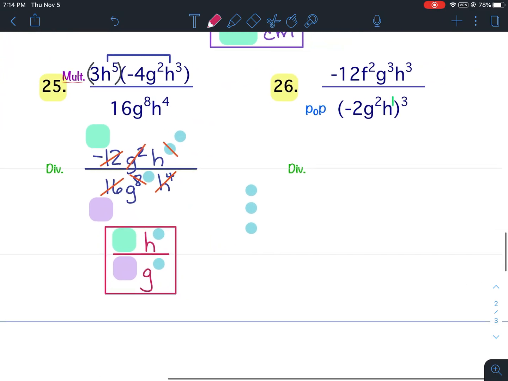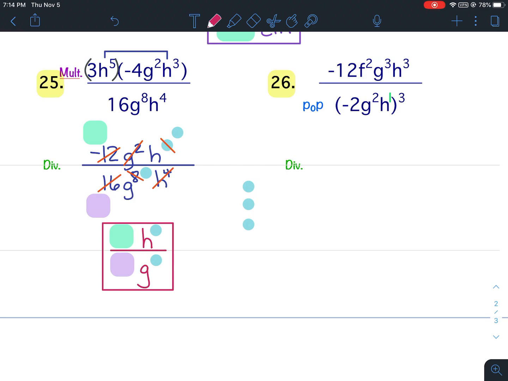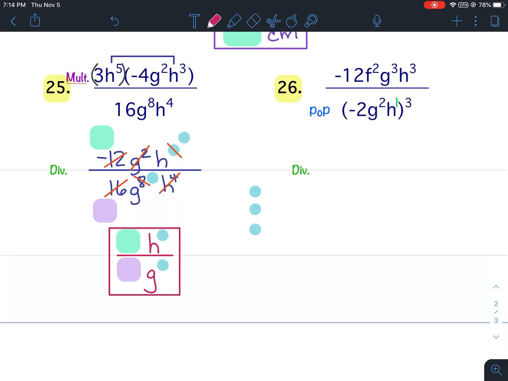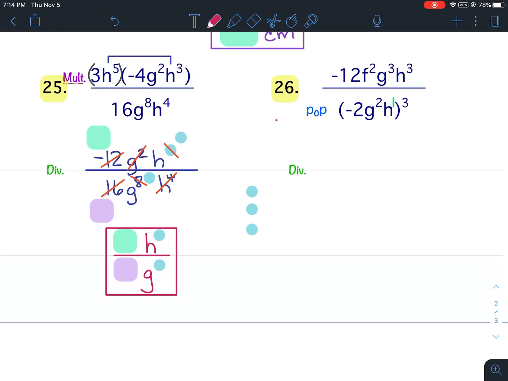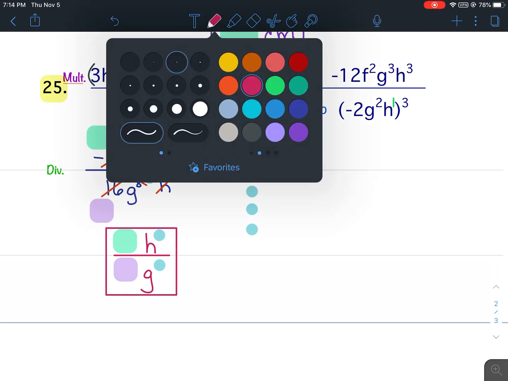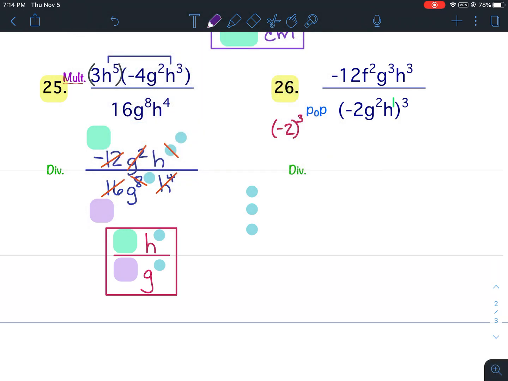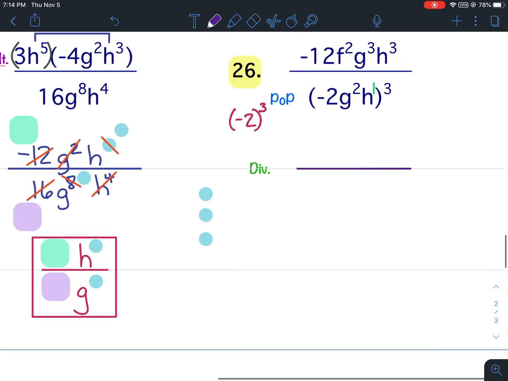26. Question 26. Before I can divide, I have to simplify the denominator by doing power of a product. So I'm going to write negative 2 to the third off to the side because I'm taking the coefficient to the exponent. I'm not going to do anything with the numerator, so I just bring it down.